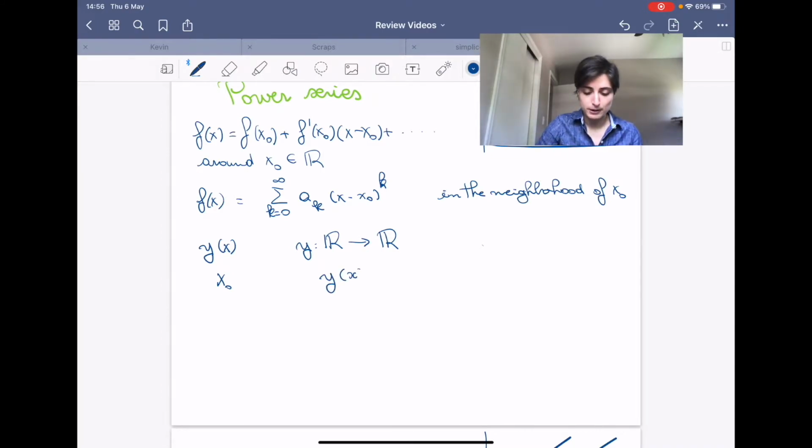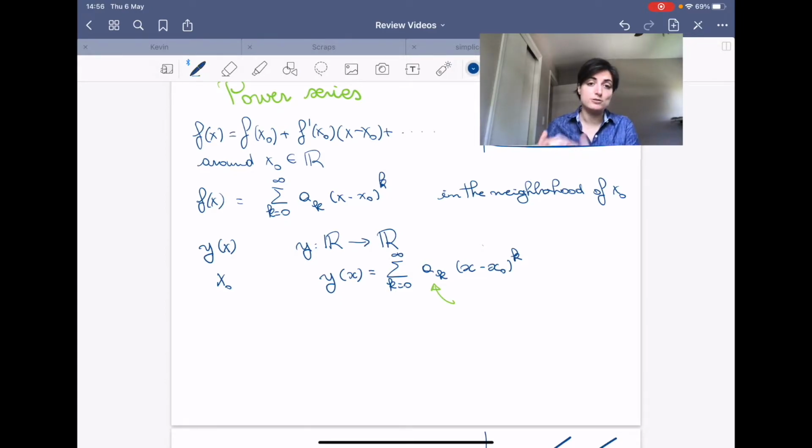So y as a function of x can be written as an infinite sum from k going from 0 to infinity of a_k (x minus x0) to the power k. And now we have shifted our problem from knowing y to knowing these infinitely many coefficients a_k.